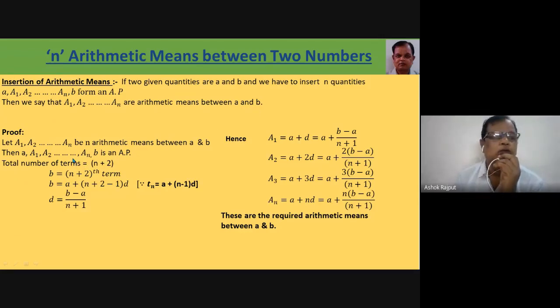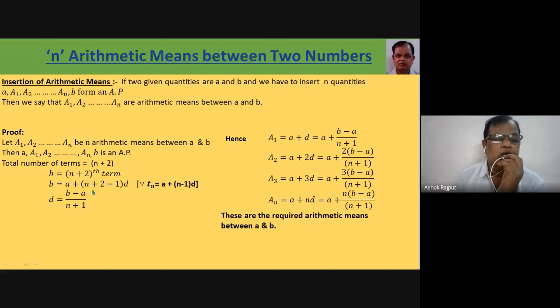Now we are going to prove it. So the proof is this: A1, A2, ..., An are n arithmetic means between a and b, and then a, A1, A2, A3, ..., An, b is an AP, and the terms are n plus 2. The last term is b, and it is the (n plus 2)th term. As we know, the nth term is a plus (n minus 1) into d.